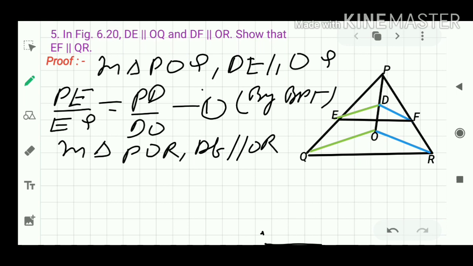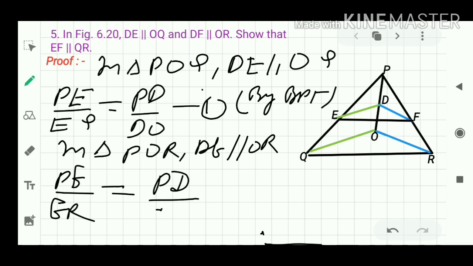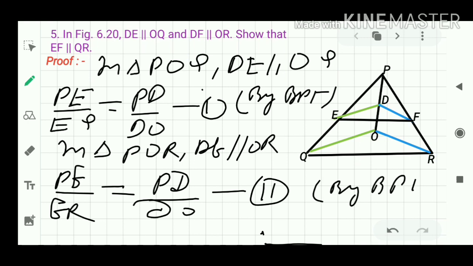So we can write again PF by FR equal to PD by DO. Equation 2. Write the reason by BPT.